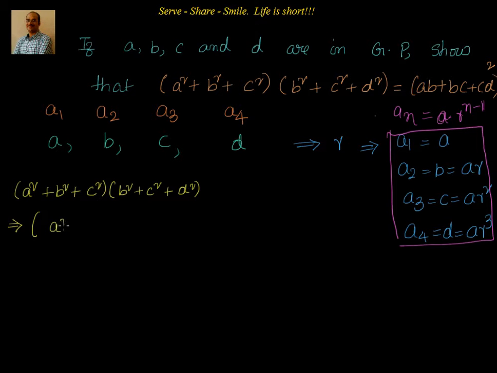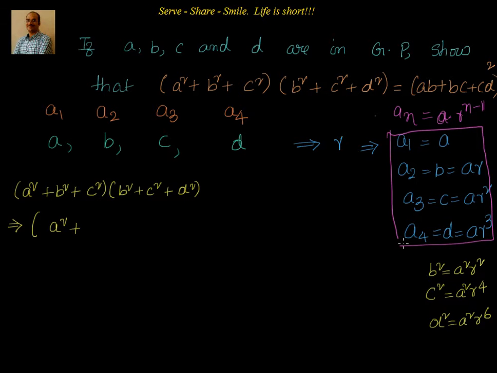So my next step will be a² plus b². What is b? ar. So b² will be how much? b² is a²r². Similarly, c² will be a²r⁴. Similarly, d² will be a²r⁶.